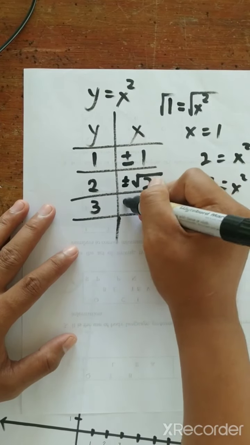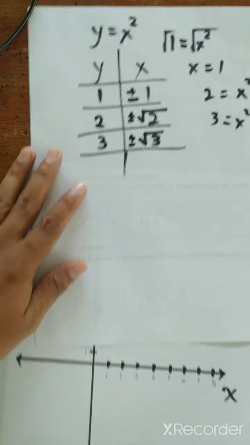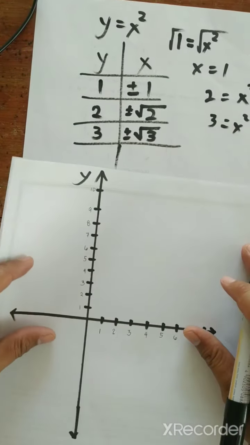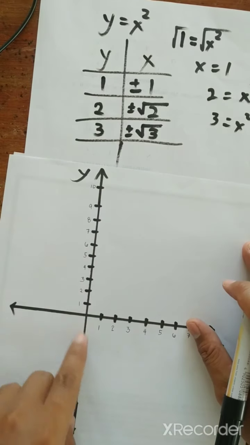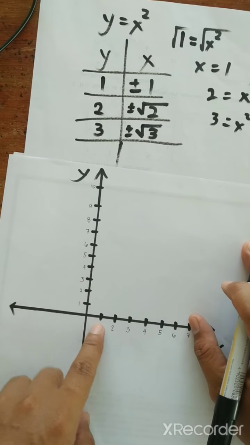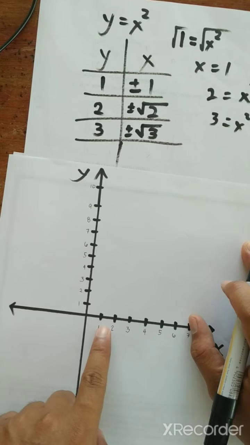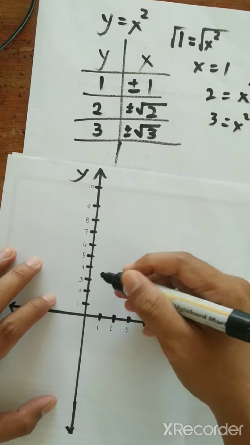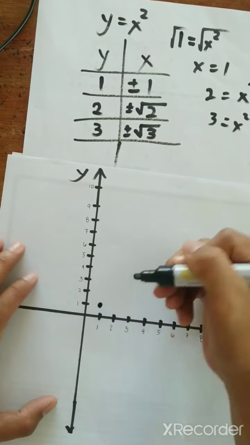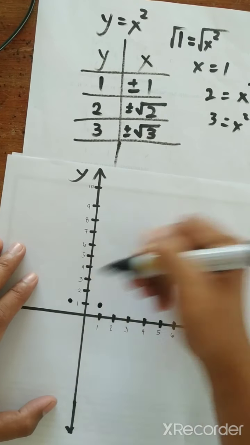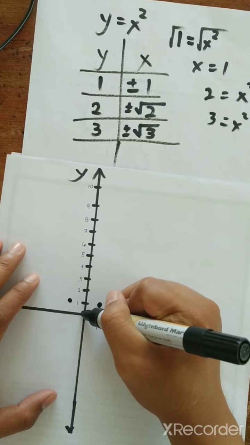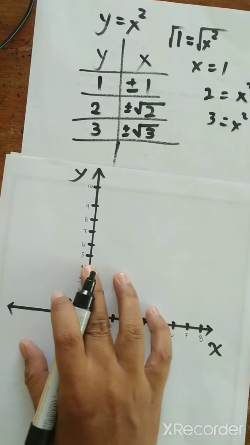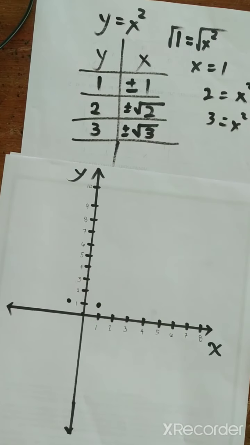Okay, so let's graph it. When my y is 1, my x is positive 1. So we will have this one and here. We will have this at our origin, and then we have the square root of 2.